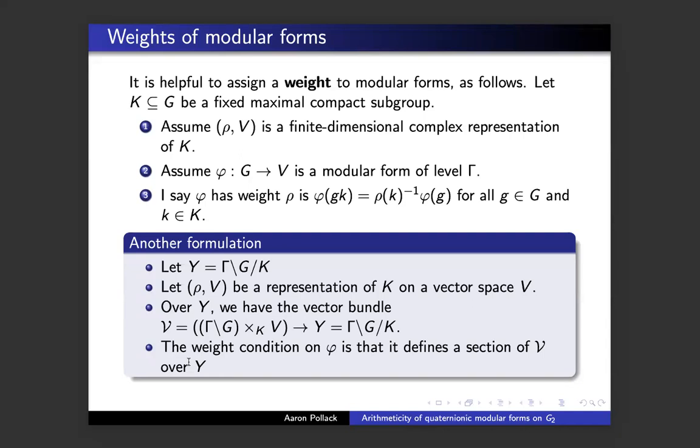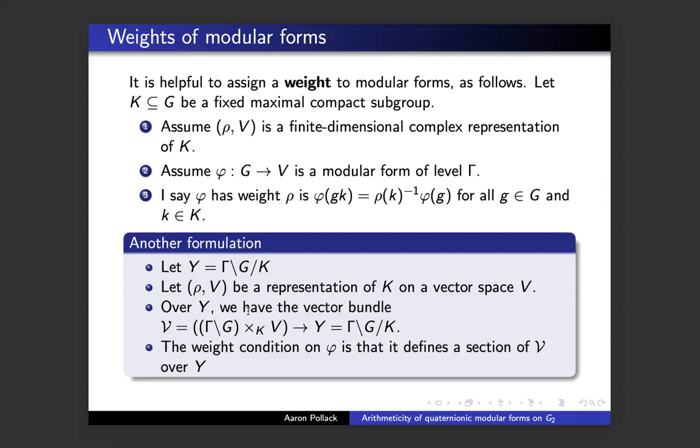Okay, so this is a group theoretic way of proceeding, defining modular forms and talking about their weights. You could also proceed somewhat geometrically. So just another way of rephrasing exactly what I just said is to look at the locally symmetric space, G mod gamma mod K. So I mod it by K on the right and by gamma on the left. And if you have a representation rho of K, then I can use that to make a vector bundle over this locally symmetric space.